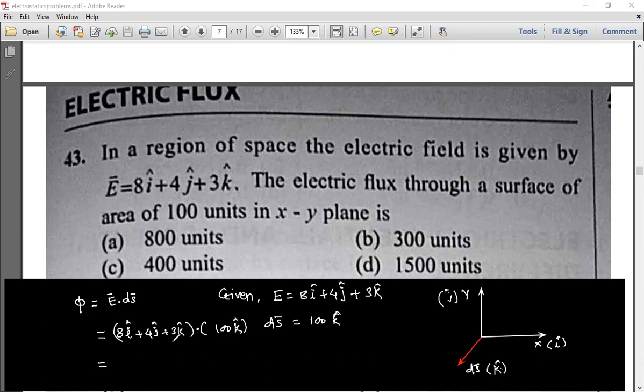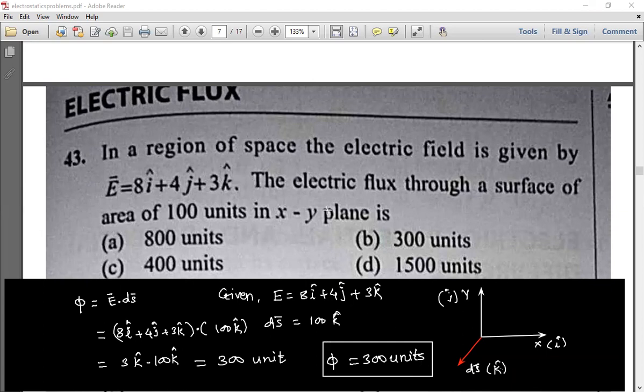Now i dot k is 0, j dot k is 0, only the k components remain. So 3 k cap dot 100 k cap, k cap dot k cap is 1, 100 into 3 is 300. So your flux should be 300 units.